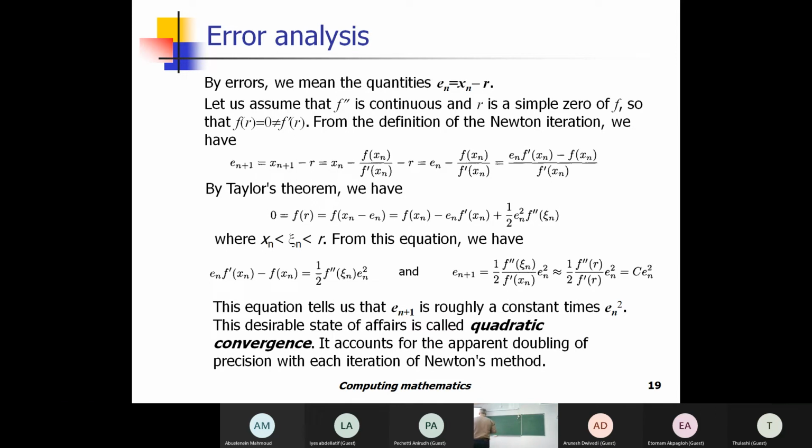And this last formula tells us that the error on the next step, En plus 1, approximately equals some constant C times the error on step n squared.